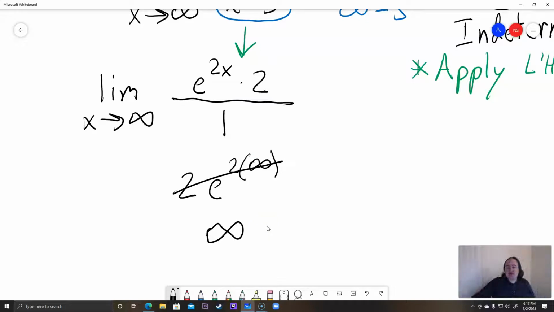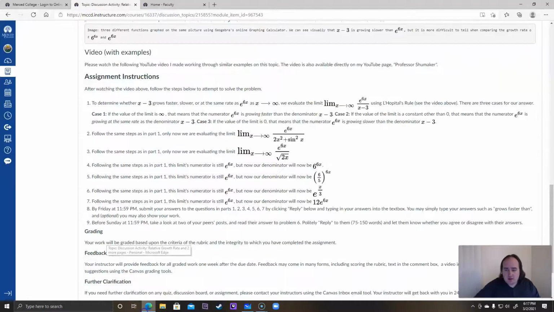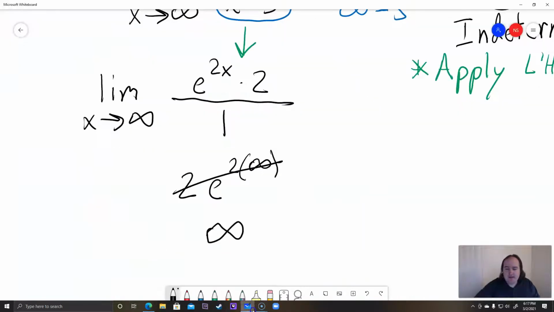Well, this was actually one of the cases that I talked about in the discussion board in your written instructions. If you end up with the value of the limit being infinity, that means the numerator is growing faster than the denominator. Because if you think about it, it's infinity over 1. So that's showing that the numerator is growing infinitely faster than the denominator, so to speak, because we're plugging in infinity here.